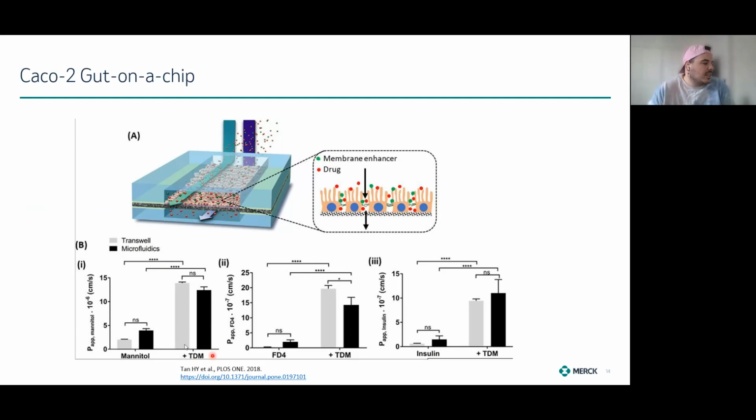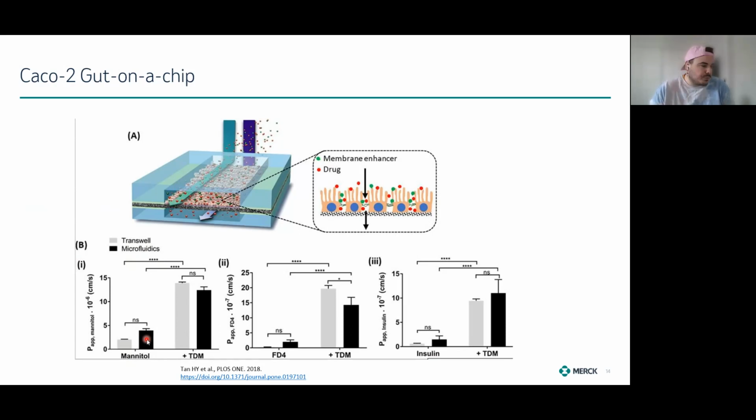So this is tetradecyl maltoside. It's another one of those fatty acid derived sugar type permeation enhancers. As you can see here, the one thing between the transwell and the chip is that they observe this, and we also see this in-house: in the chip, across all groups here, you see that the basal permeability, so the amount of drug that fluxes across the same cell source, so I believe they use Caco-2 cells here, in the same cell source in a chip, the permeability coefficient was higher.